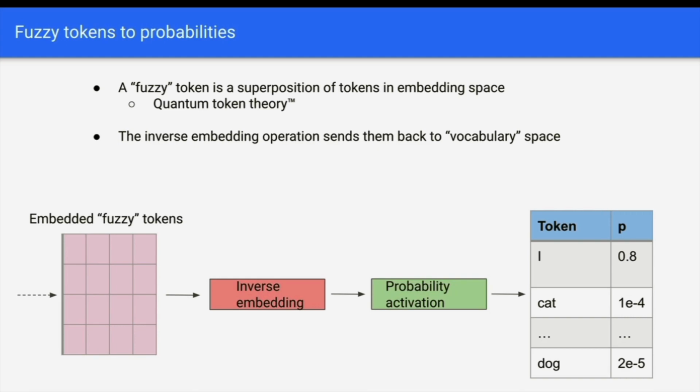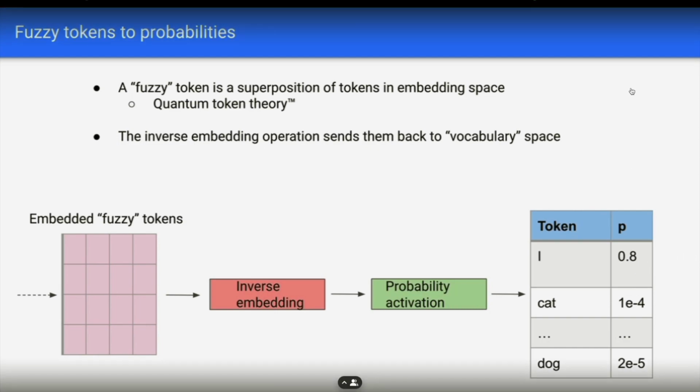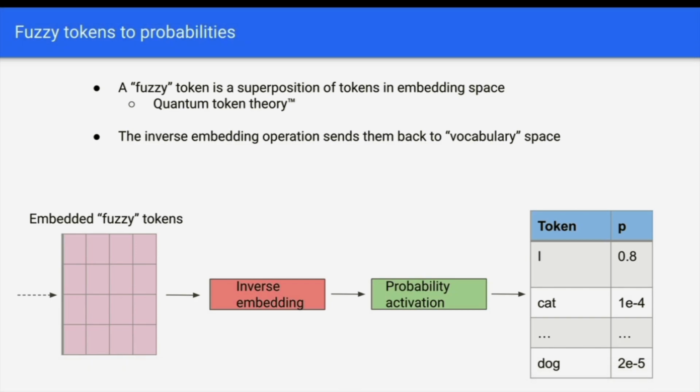The point, though, is that we do need to collapse these fuzzy tokens back onto tokens, and you can interpret the proportions in that superposition, in each of these rows, as the probability. That's what this inverse embedding and this probability activation accomplish for you.